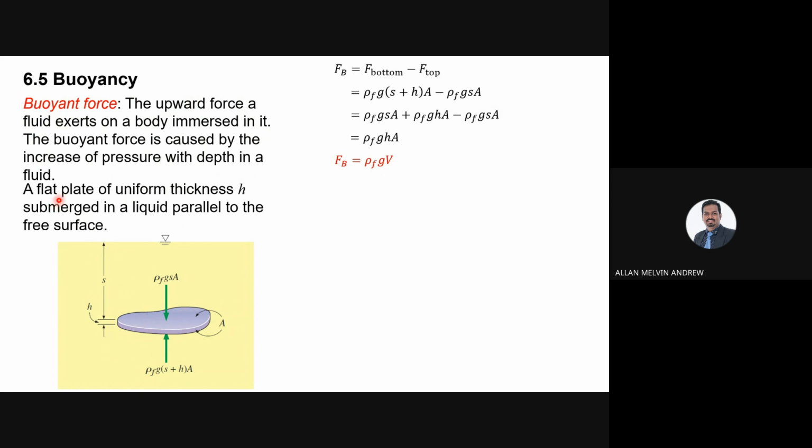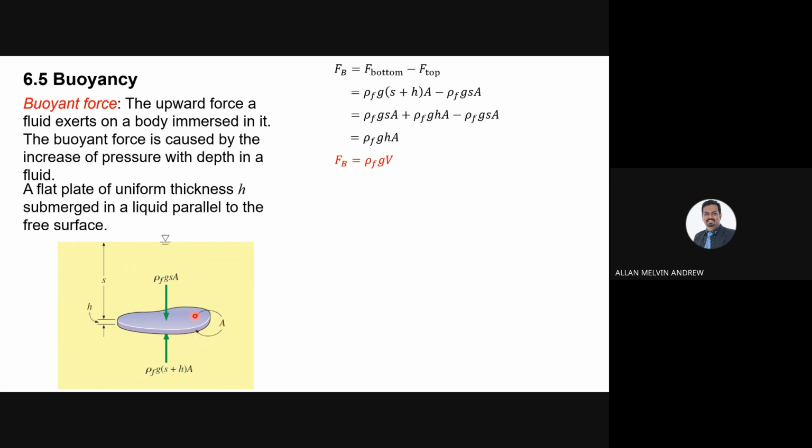A flat plate of uniform thickness H submerged in liquid parallel to the free surface. Let's say you put this plate inside, so this is a fully submerged plate. Let's say this is the force acting downwards, so the force acting upward will be this.